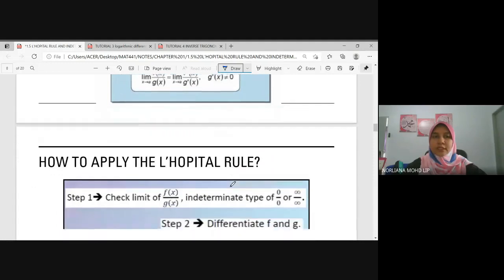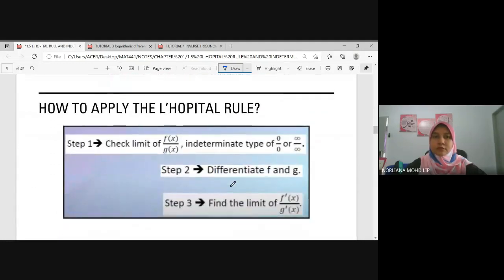How to apply the L'Hopital rules? This is the summary of the previous slide. Step 1: we check the limit of f(x) over g(x). If we get an indeterminate form, 0 over 0 or infinity over infinity, we have to apply the L'Hopital rules.